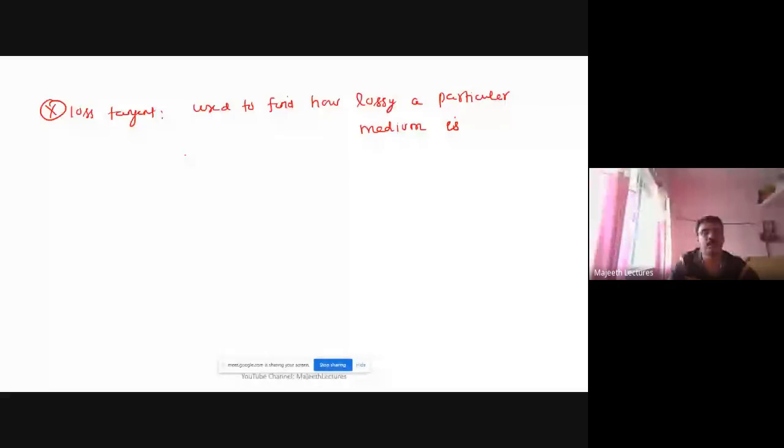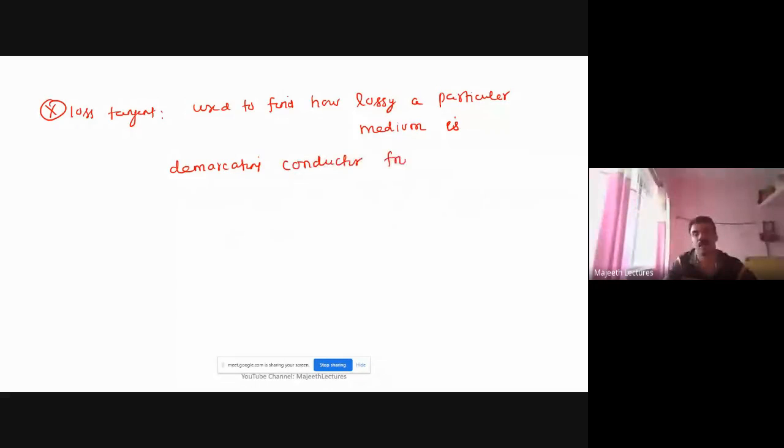It is demarcating conductor from insulator. If you want to identify whether a particular medium is a conducting medium or a dielectric medium, we have to understand loss tangent. This parameter is used to demarcate conductor from dielectric. Loss tangent is given by tan theta.